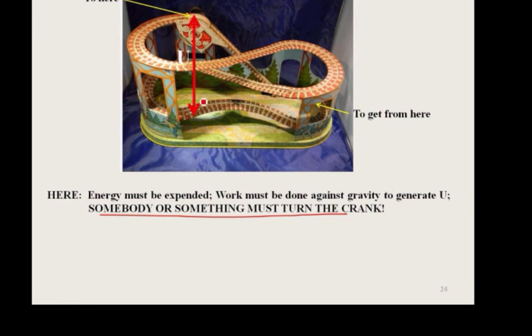What that is doing, lifting the car up here, means this U, which is the potential energy that you have given the car, is produced by doing the work of turning this crank. If we take U per car, that's like the energy per charge, which will generate an EMF. If we're considering the analogy, U per car is like an EMF.